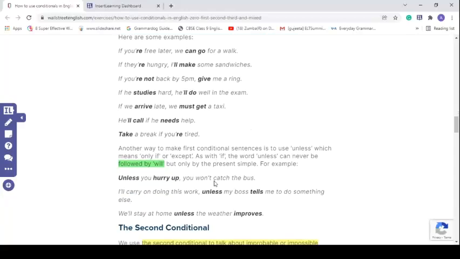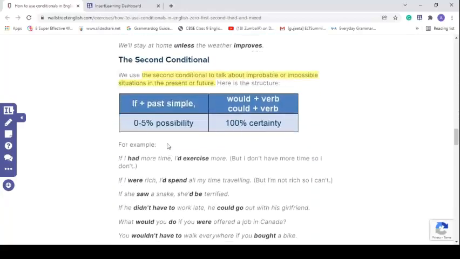Okay. Now we talk about the second conditional. Second conditional sentences are used when you have an impossible situation in the present or future. There is no possibility. The formation is if plus simple past, would or could plus verb. If I had more time, I would exercise more.